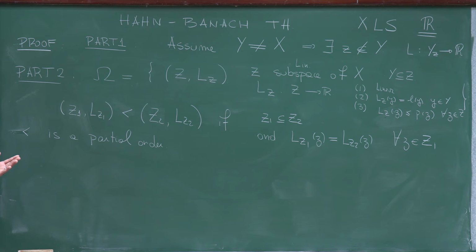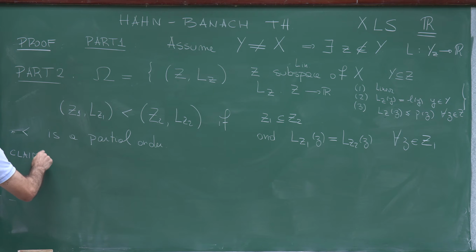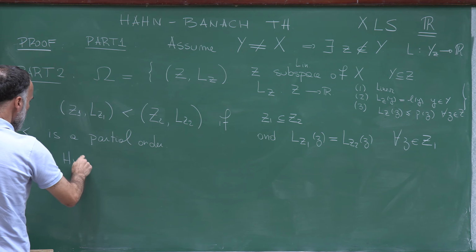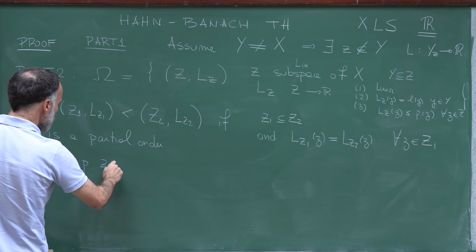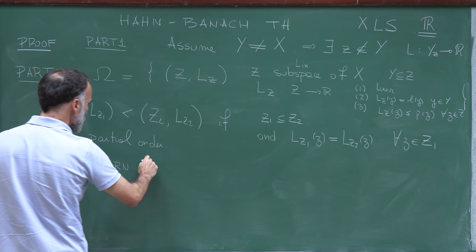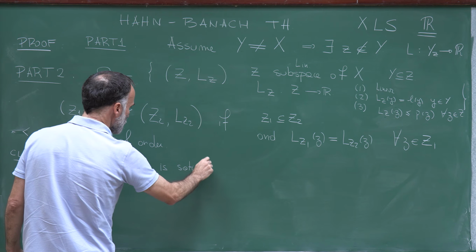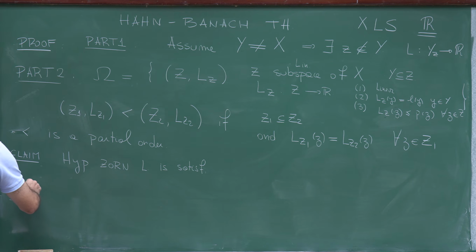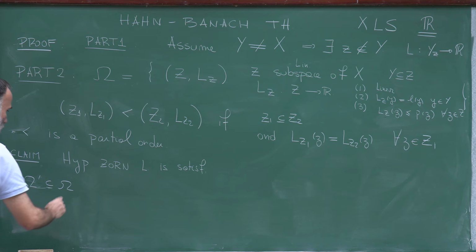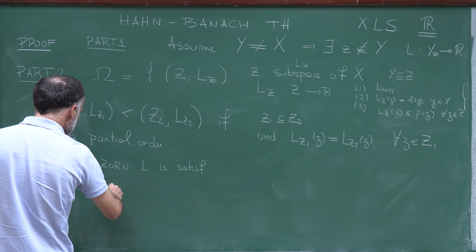And I want to apply Zorn's lemma, so I have to check that the hypothesis of Zorn's lemma is satisfied. So let me take a set omega prime, a subset of omega, which is totally ordered.